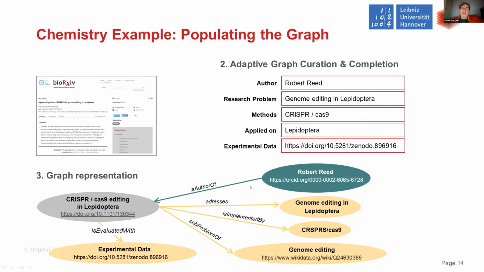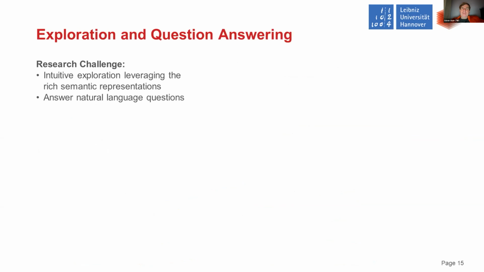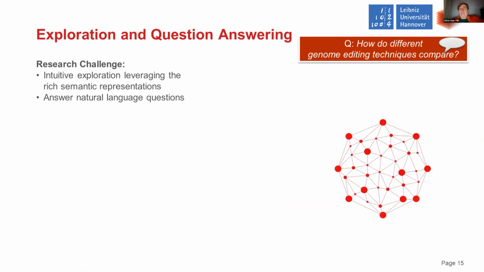And then when we put many of these small descriptions together, we actually have a large knowledge graph, and we can then use, for example, question answering in order to answer certain questions. So an intuitive exploration which leverages this rich semantic representation allows us to answer natural language questions. For example, you could ask a question, how do different genome editing techniques compare?